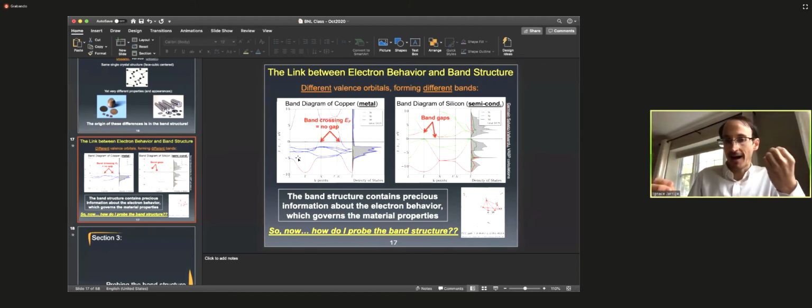It reflects the fact that the energy of an electron is not going to be exactly the same all across the crystal. So basically, the energy of the electron is going to have that spatial distribution, which is encoded in those bands.